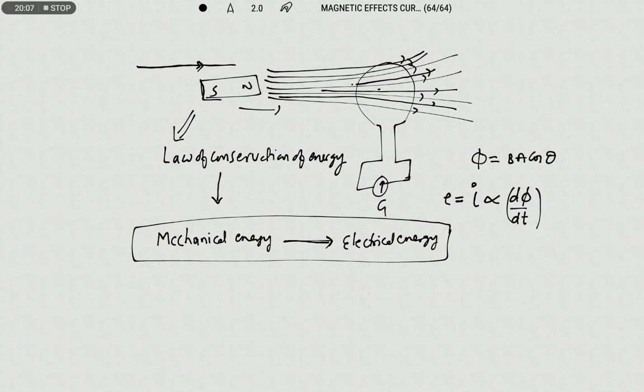If the motion of the magnet increases, the flux linked with the coil changes by a greater amount. That's why the induced EMF increases in the coil.